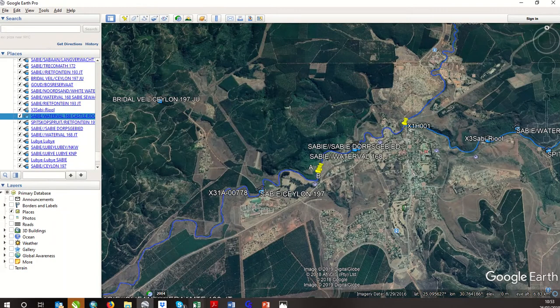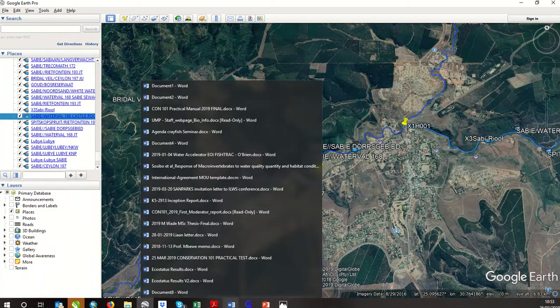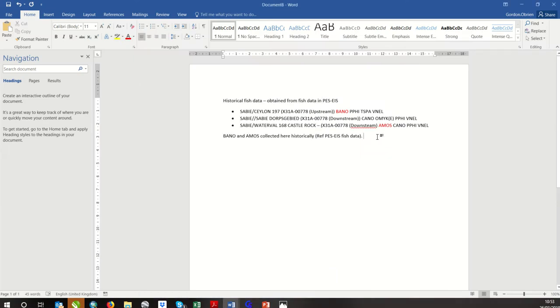Do you see that? So again, now what I'm going to do is go back to my documents and say, from the IUCN database, and this is Scott et al. 2006. That's the reference.